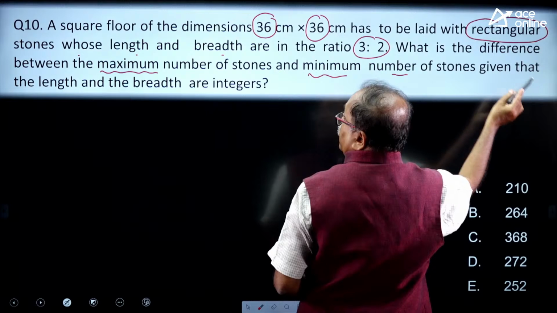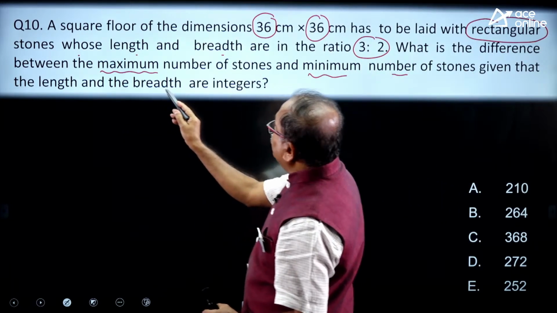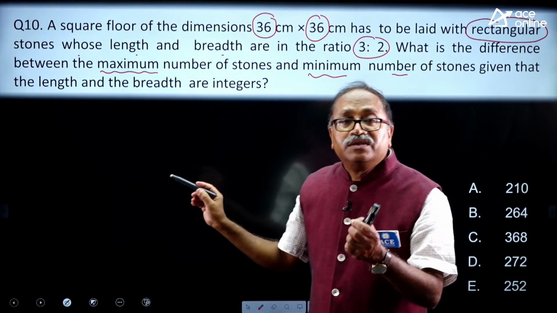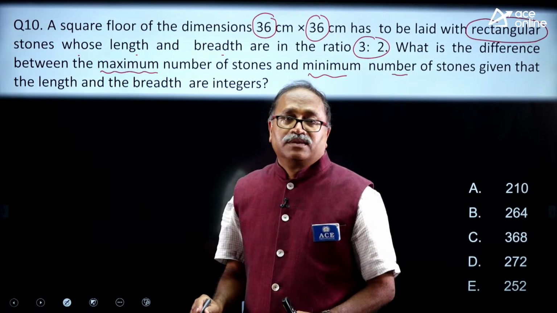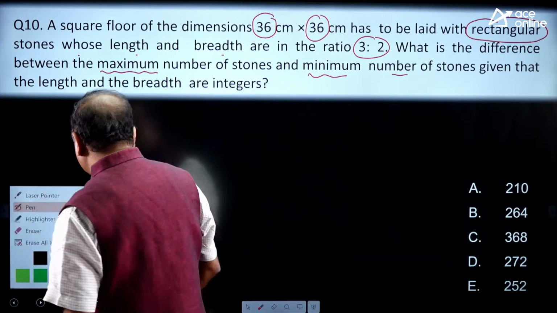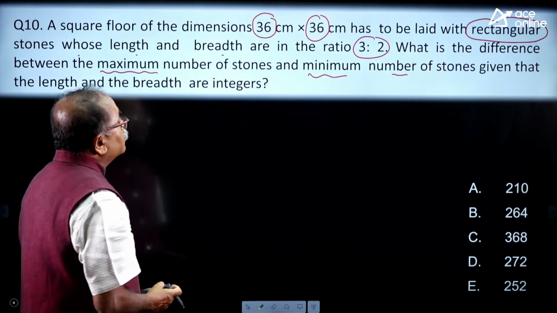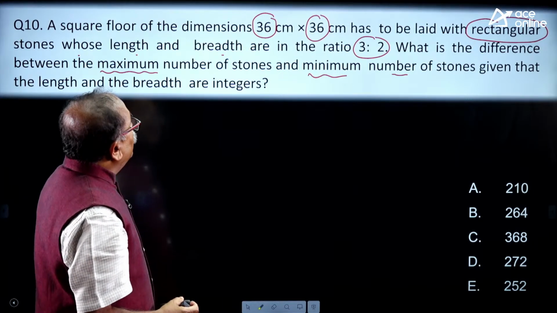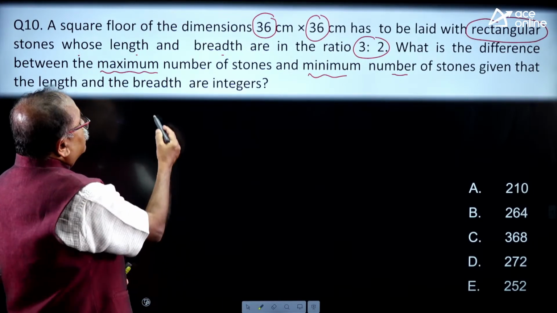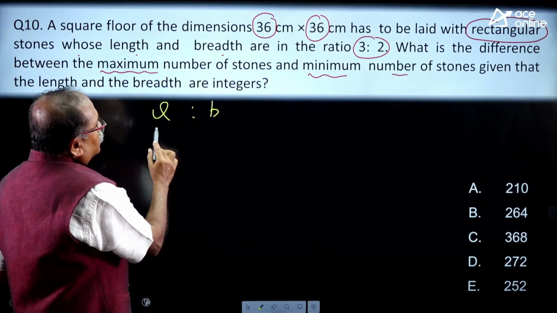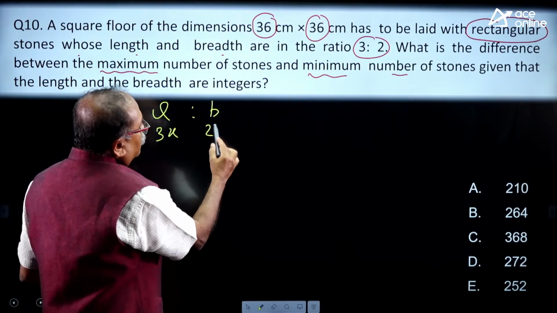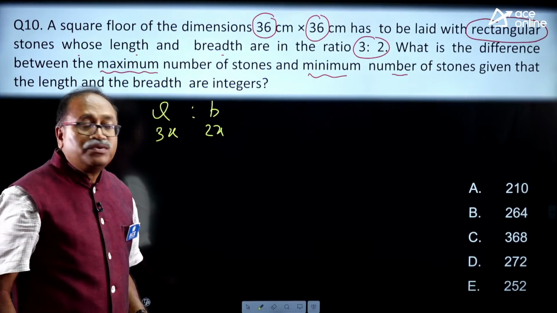Given that the length and breadth are integers, not decimals. Shall I give the start to you, and then you can start working on this? What do you need to work out? L to B is already given to us, that is 3x and 2x, 3:2.